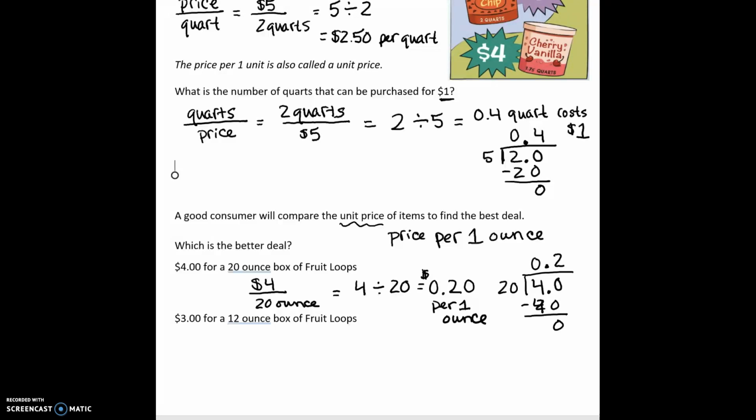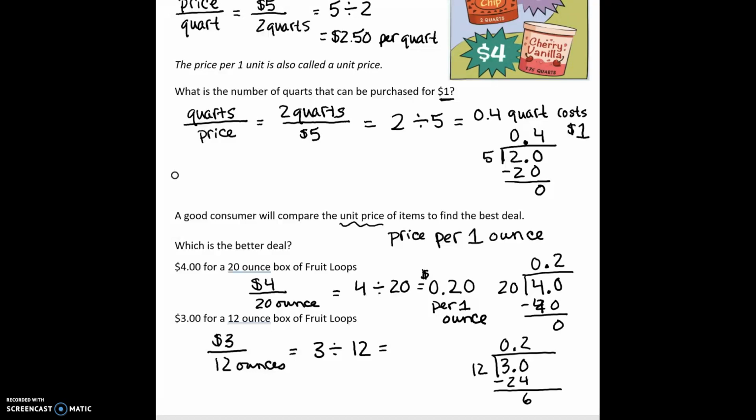Now if I do the same thing for the other box of Froot Loops, I start with the cost of $3 over the size, which is 12 ounces. So I'm going to take 3 and divide it by the number of ounces, 12. And when I do that, 12 does not go into 3, so I have to add a decimal. 12 goes into 30 2 times. 2 times 12 is 24.